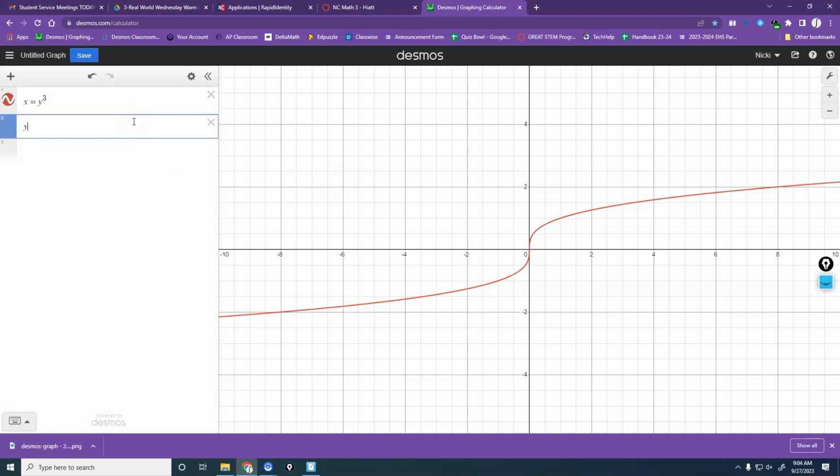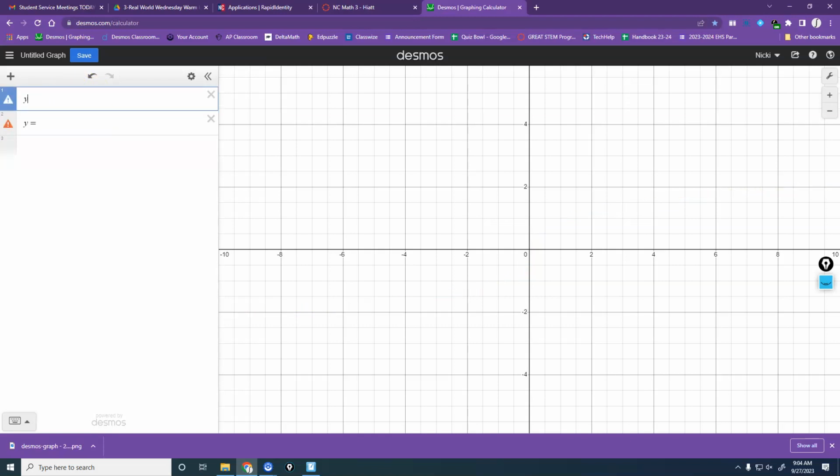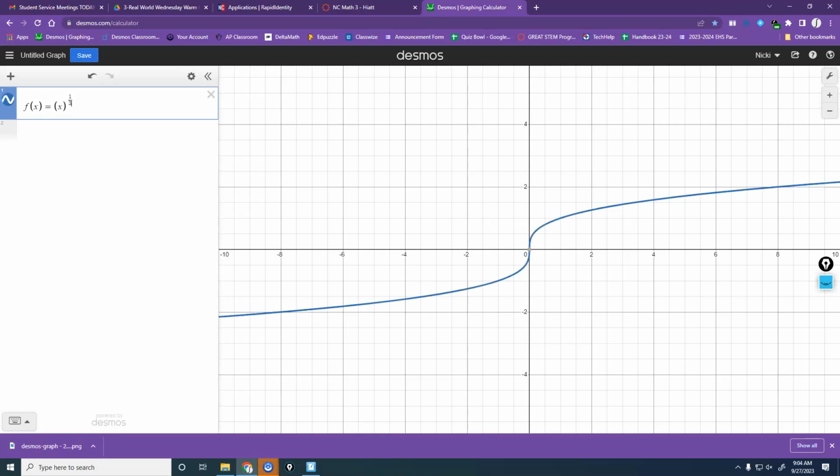Let me see if I can do this one. Y equals, well, let's do y equals, or f of x, equals cube root, let's just do x to the 1/3.